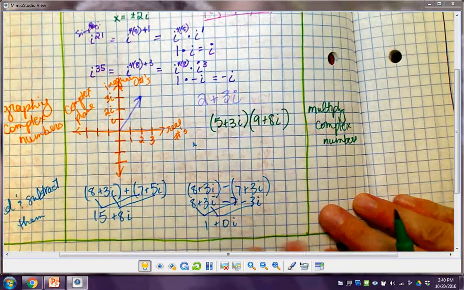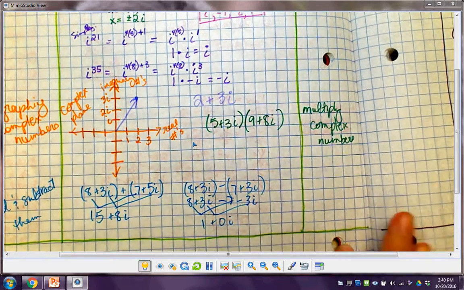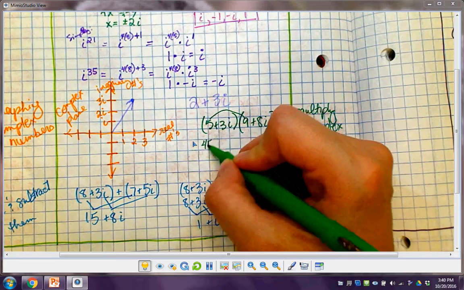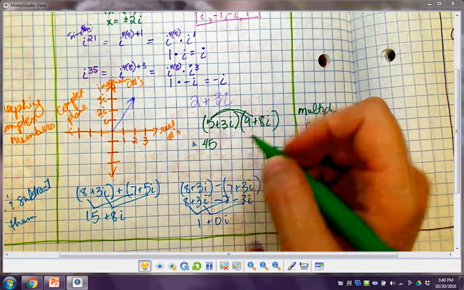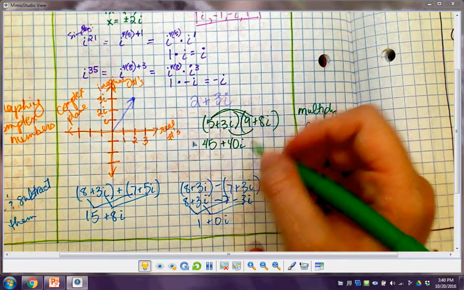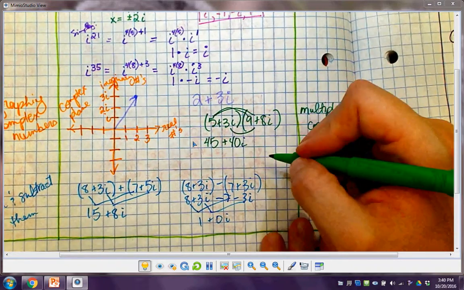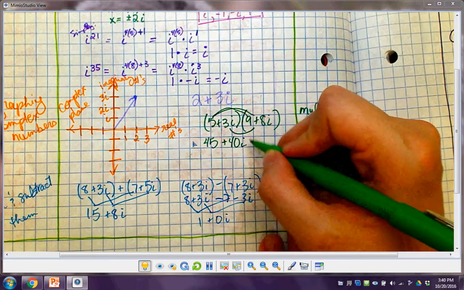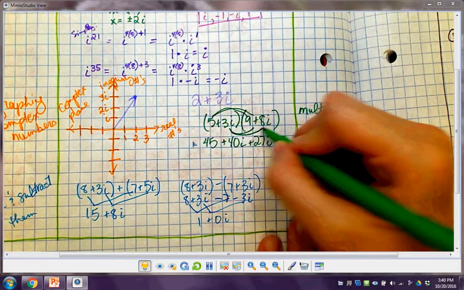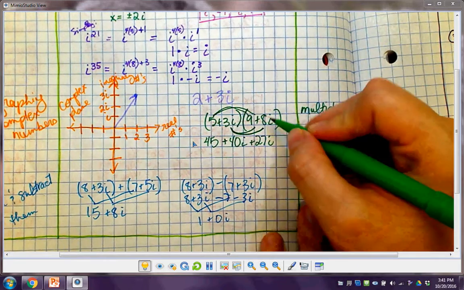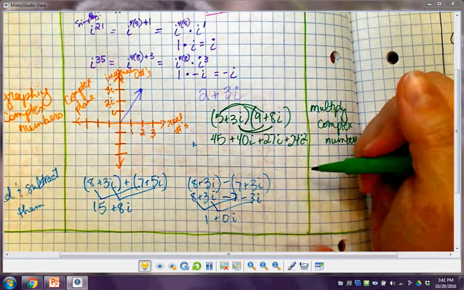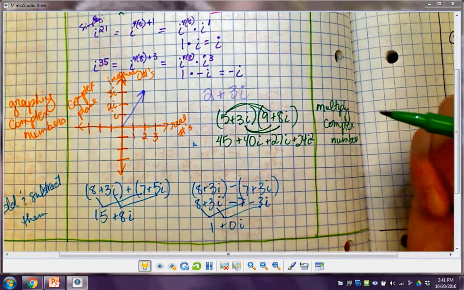Well, this is also very similar to what you've seen before. 5 times 9 is 45. 5 times 8i is 40i. 3i times 9 is 27i. And 3i times 8i is 24i squared. So very similar to that distributive property we do with binomials.